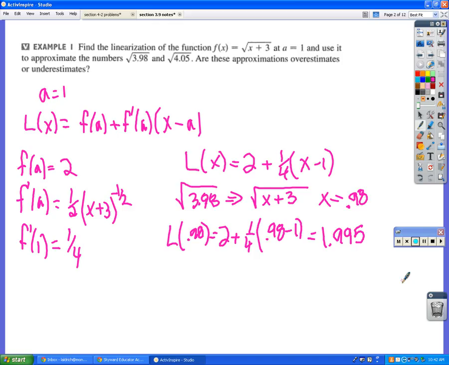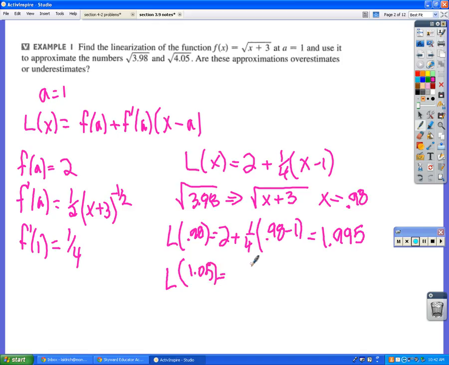Okay, let's figure out now the square root of 4.05. If I want to figure out the square root of 4.05, what do I use for my x? 4.05 minus 3, which would be 1.05.